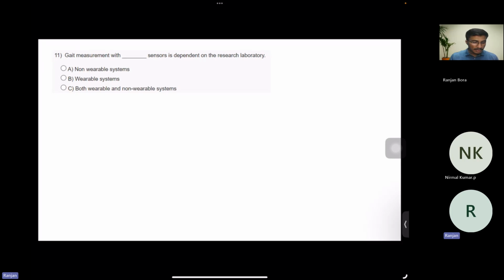Okay, next question is: gait measurement with the sensors is dependent on the research laboratory.